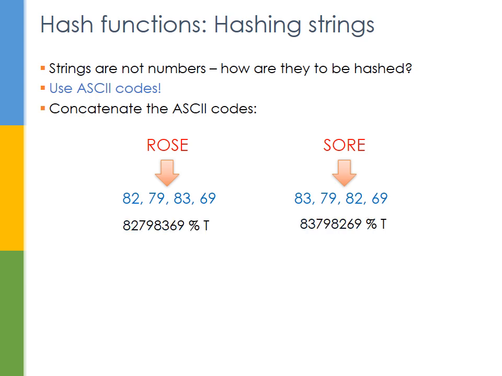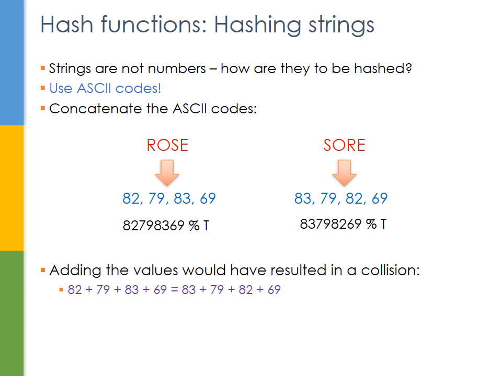What I can then do is just concatenate the ASCII codes, for example, generating something like a student number, this nice long number, right? And then you mod it by t, size of the table, and you get your index. And in this case, because I concatenate them, they actually are still unique, because by concatenating the ASCII values, you actually preserve the uniqueness of every single string.